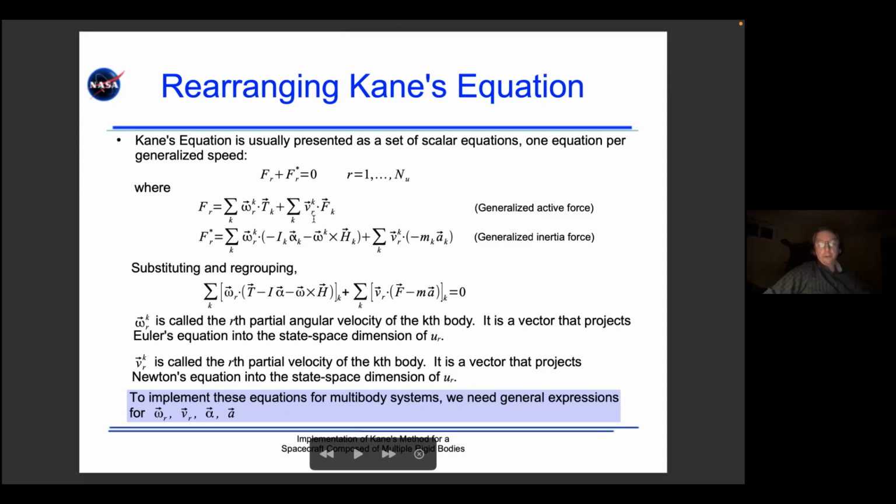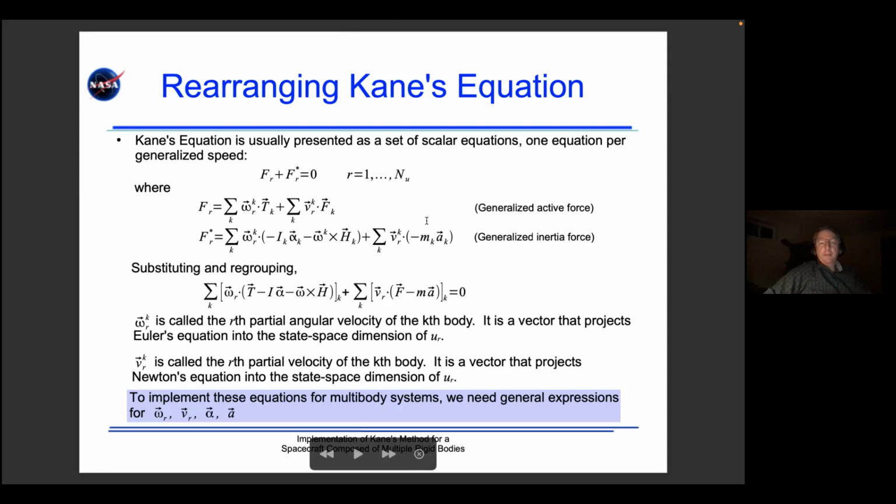I'm going to name them, and then we'll talk about them a bit more in a bit. These are the partial velocities, and these are the partial angular velocities. If you perform these dot products, then you get the generalized active forces. Generalized active force just means forces and torques. So that's what FR is.